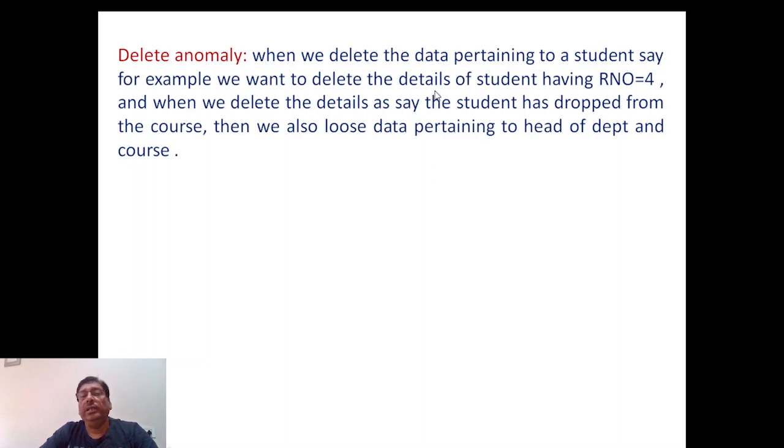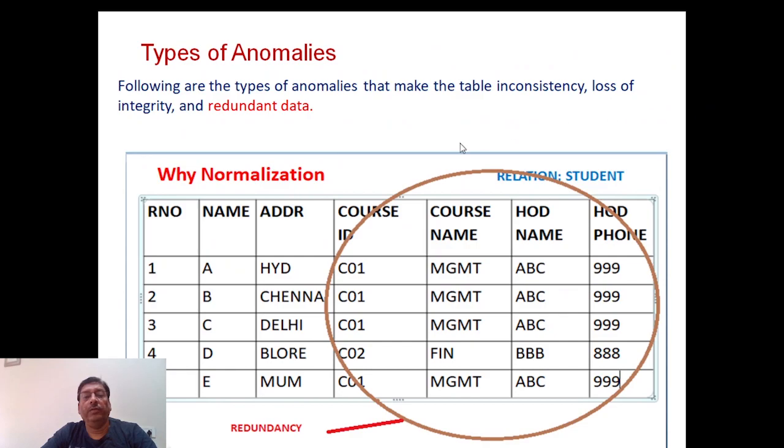So when we delete the data pertaining to a student, as in the case where we have taken an example of roll number 4, if I delete the data pertaining to this particular student, then along with the student data, you will also delete the data pertaining to the course and the data pertaining to the HOD, that is the head of the department.